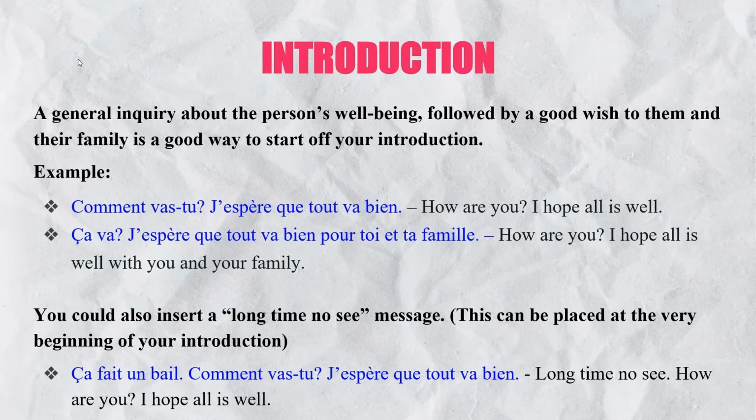Long time no see. How are you? I hope all is well. All right. So for your introduction, these are the things that you can do, and this helps to add more words to your letter, right? Because you need to get between 130 to 150 words. All right. Let's move on to the next slide.